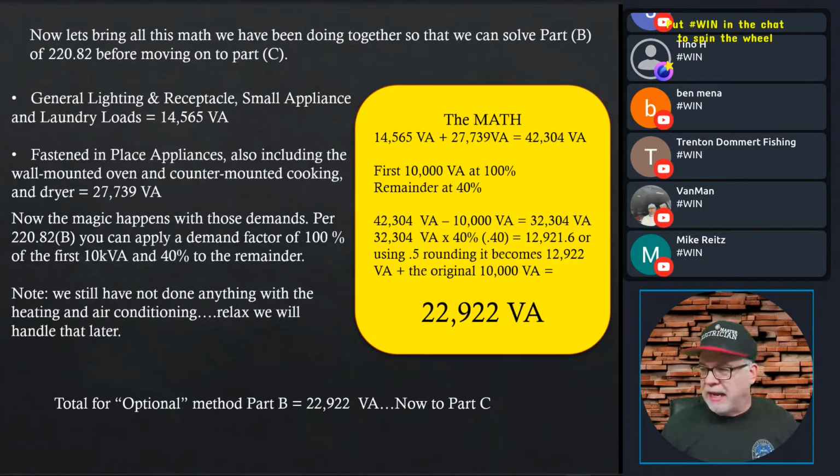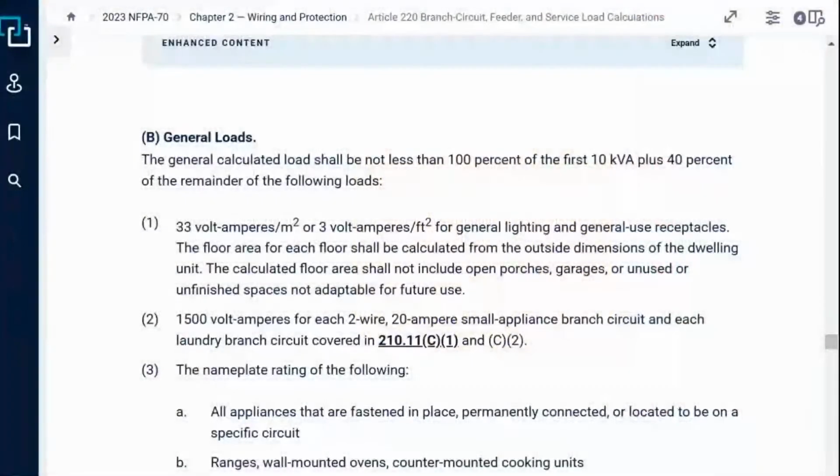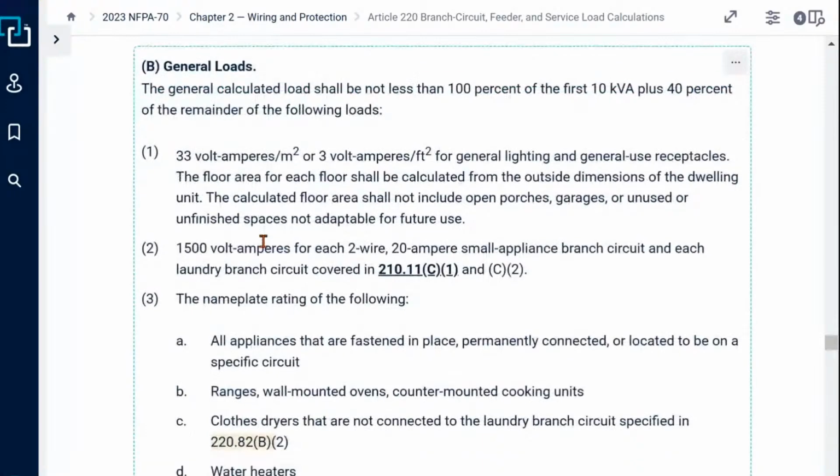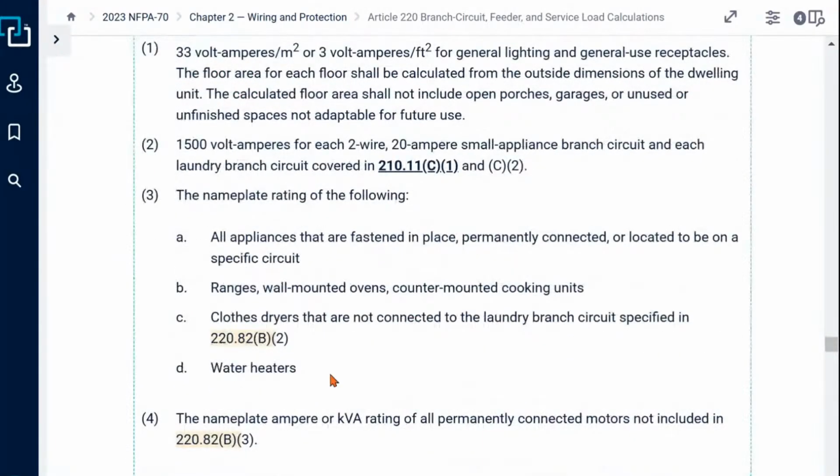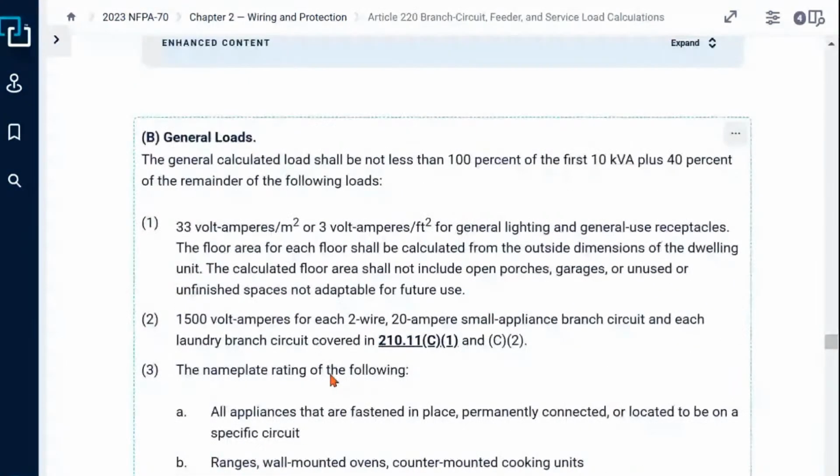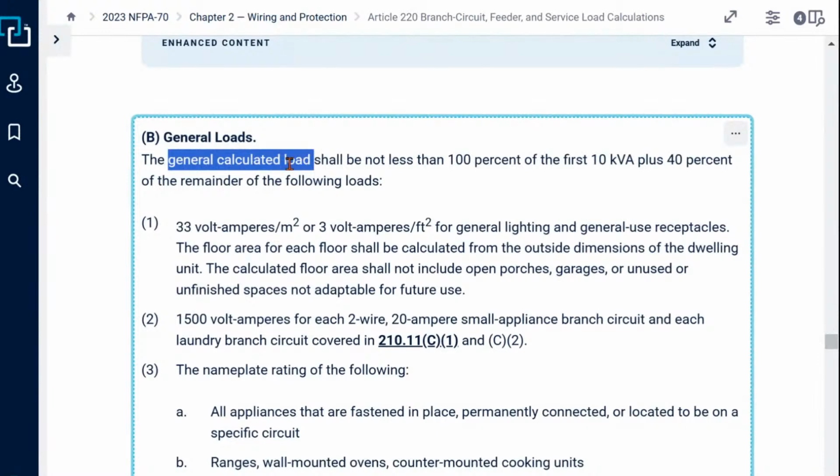Okay, so we go back here. This was everything that we just talked about right here, thrown in the pot. And here it says the general calculated load, which is what we did. Remember, calculated means taking all the loads and adding them up, okay? Now we're going to apply the demands to it. So we're going to come up with a total calculation. So we did everything, and it is the total calculated load at the end, which is what we're getting ready to do.